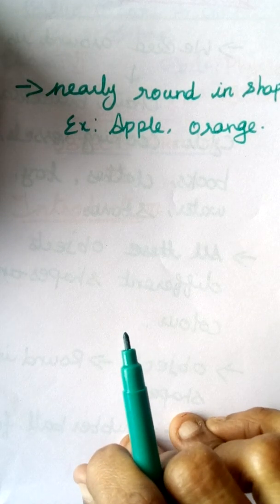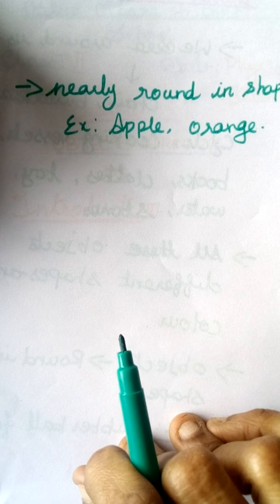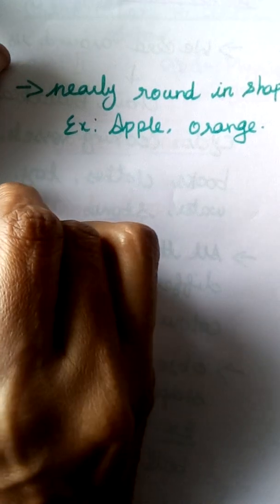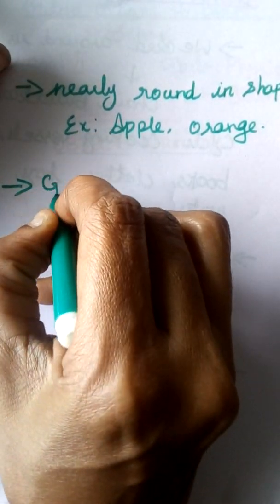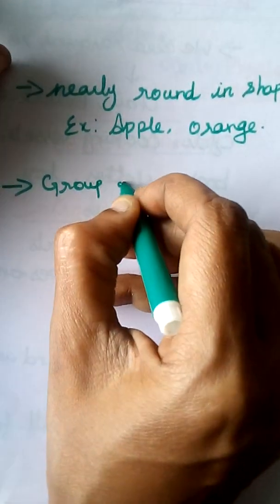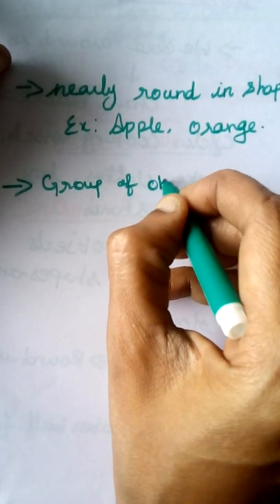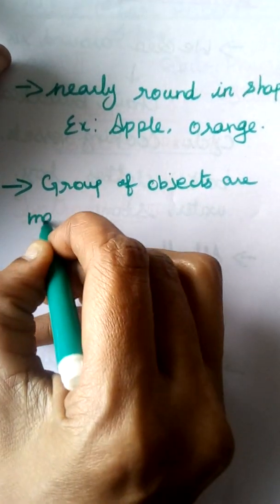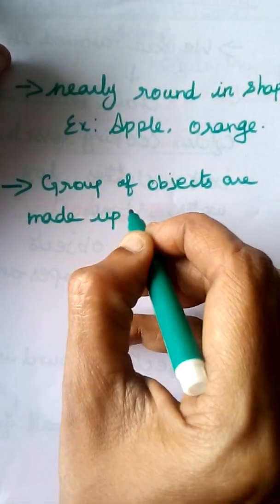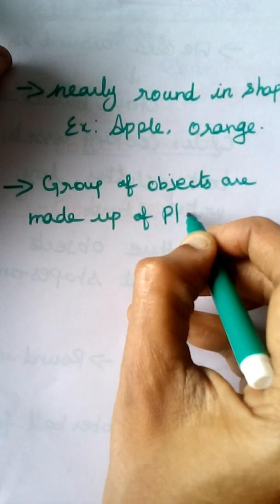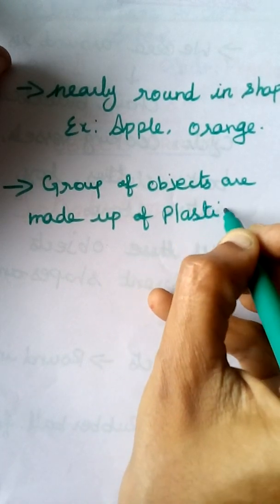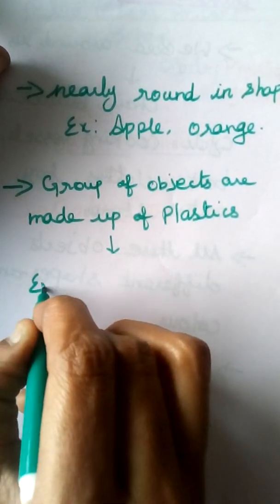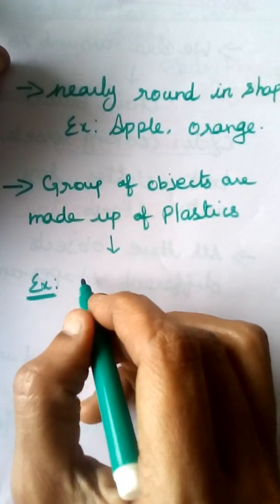Next, let us say we wish to make a group of objects. What is that? A group of objects made up of plastics. For example, what are plastic-made things?